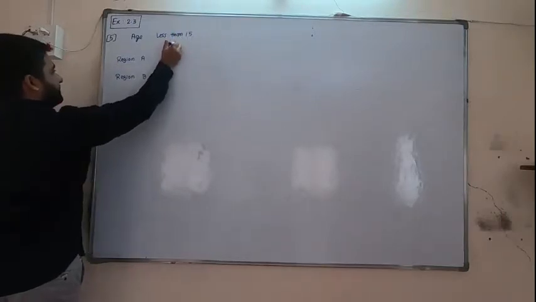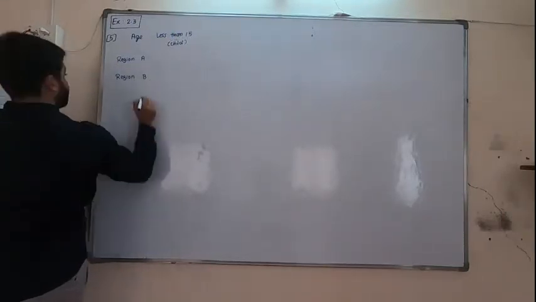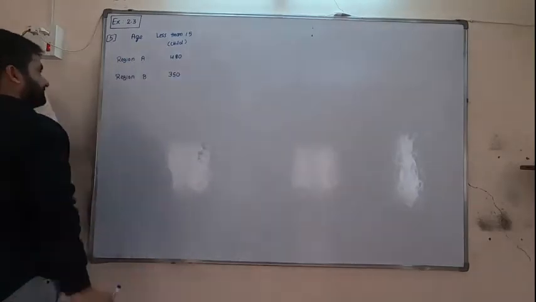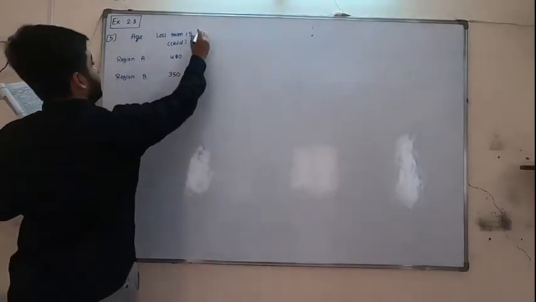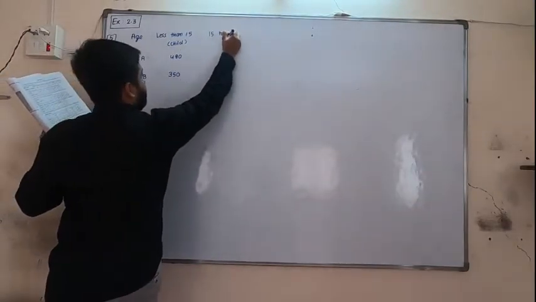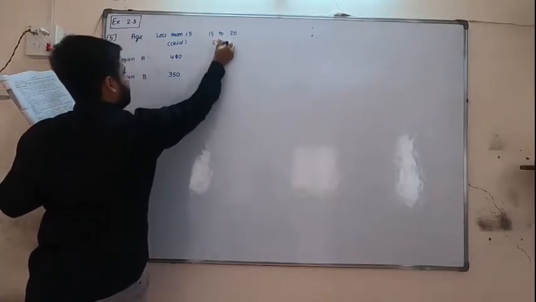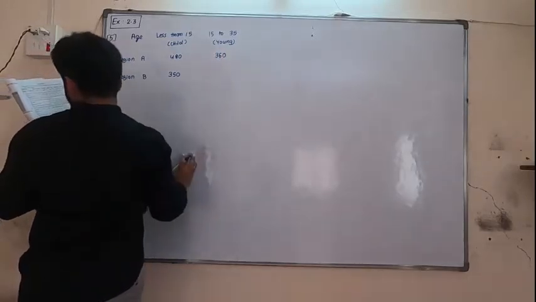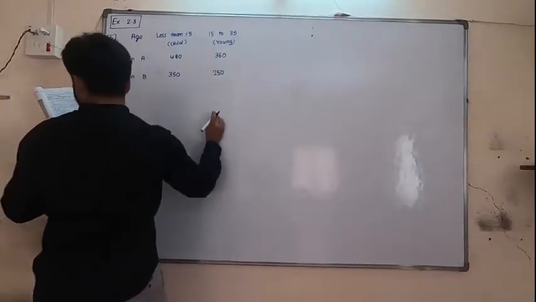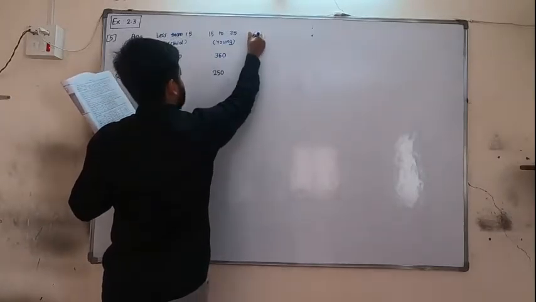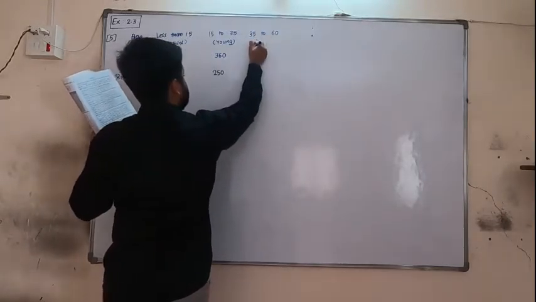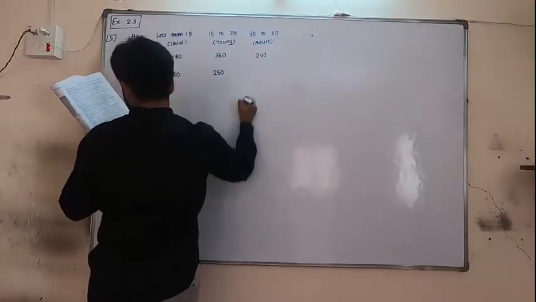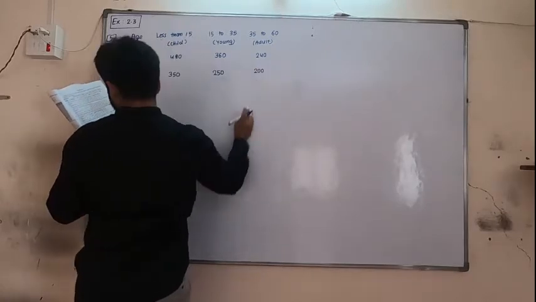Less than 15, child: 480, 350. Then 15 to 35 are young, that are 360 and 250. 35 to 60 are adult, that is 240 and 200.